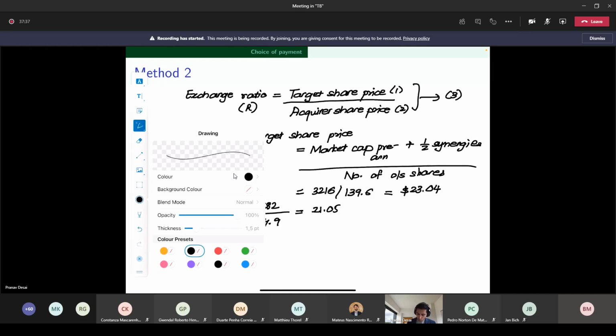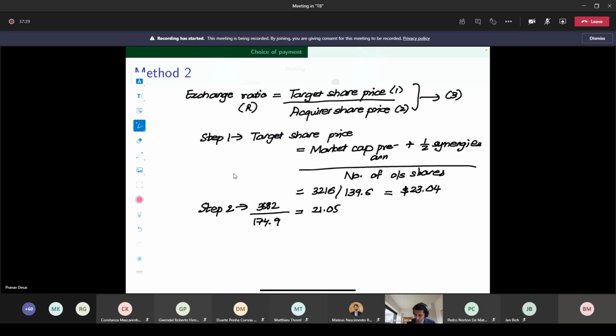Now, one thing I want to point out is that the numerator over here is essentially the same thing, which is market cap pre-announcement plus half of the synergies. The reason being that United also retains half of the synergies.